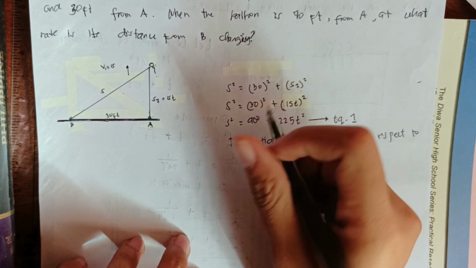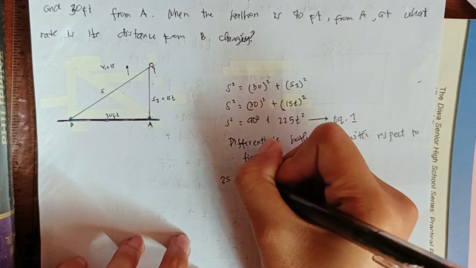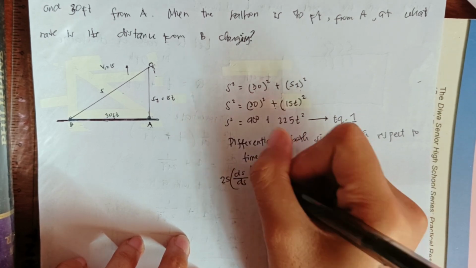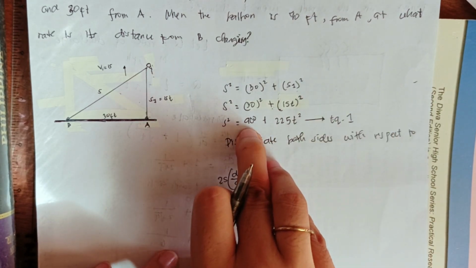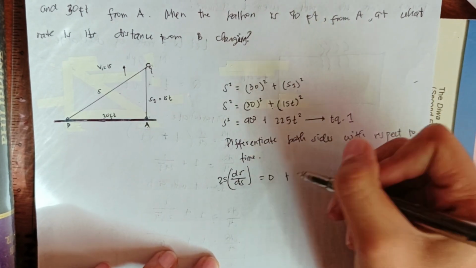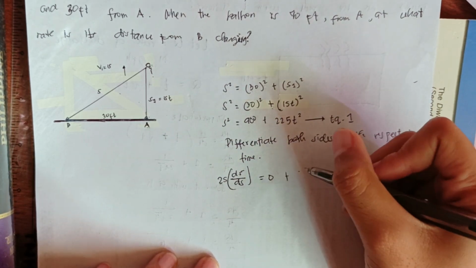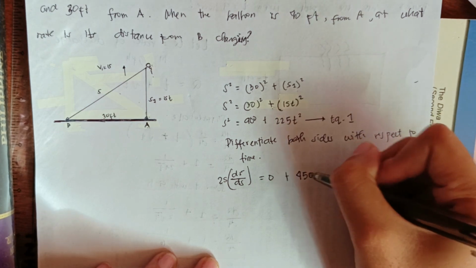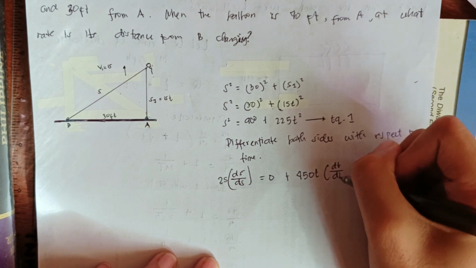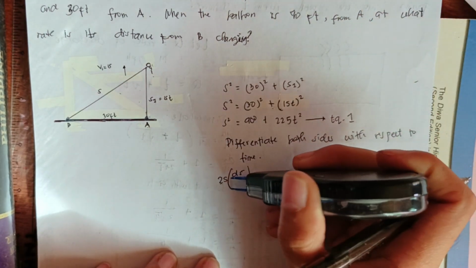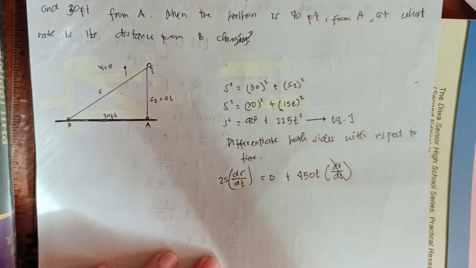So, pag-differentiate so S squared, may mo ni siyang 2S ds/dt is equal to differentiation sa 900 is 0 plus, so kani may mo ni siyang 450t, so dt over dt kani siya with respect to time man, so ds over dt ni siya.